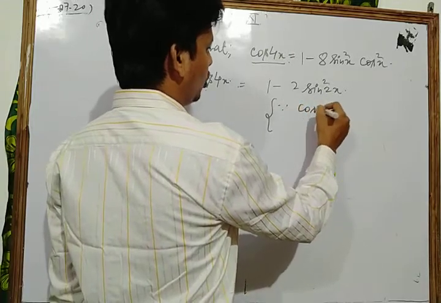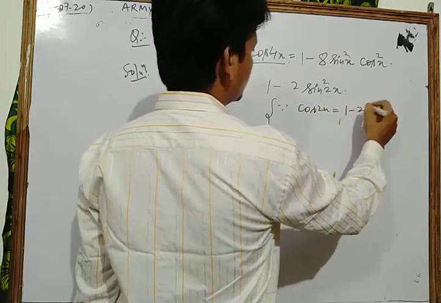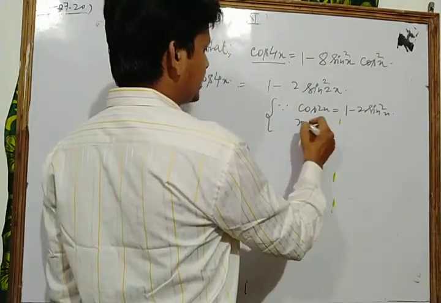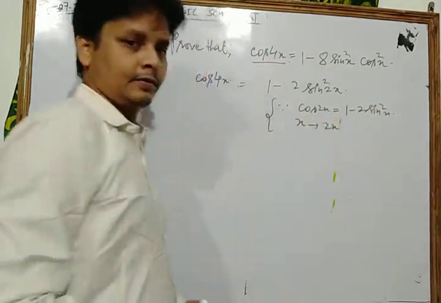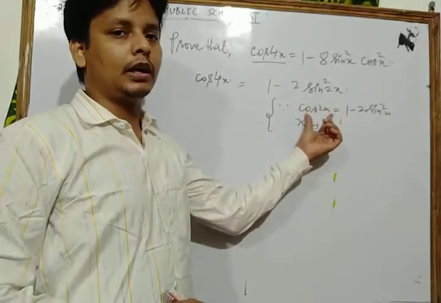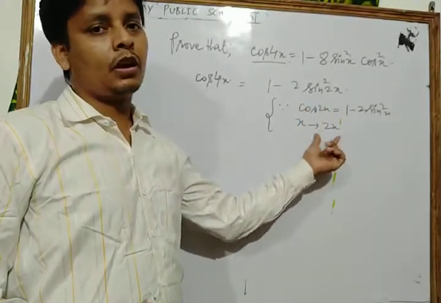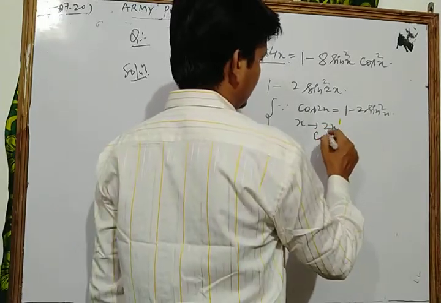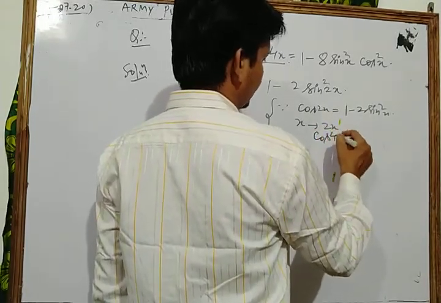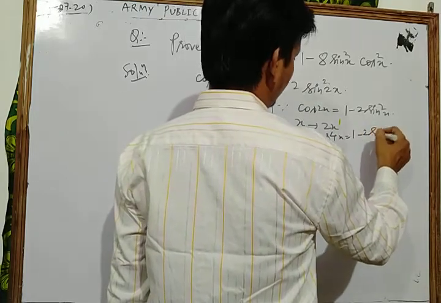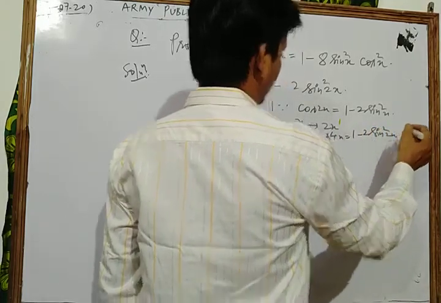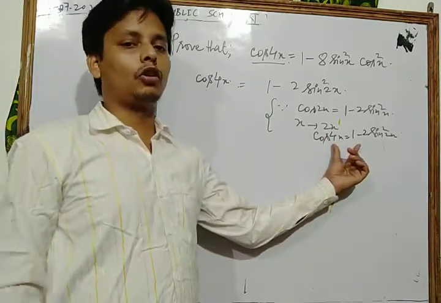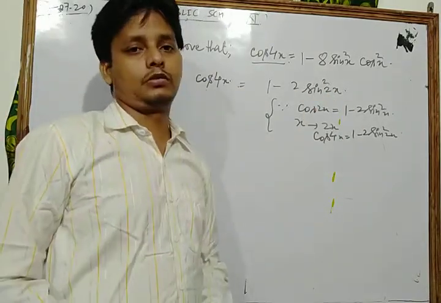We know that cos 2x is equal to 1 minus 2 sin square x, right? If we replace x by 2x in this formula, then we get cos 4x is equal to 1 minus 2 sin square 2x. Okay, so we put this formula in these questions.